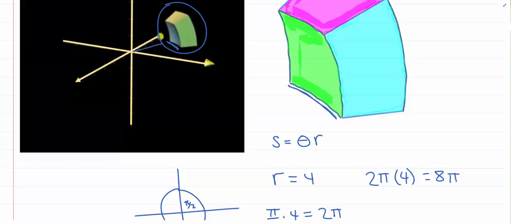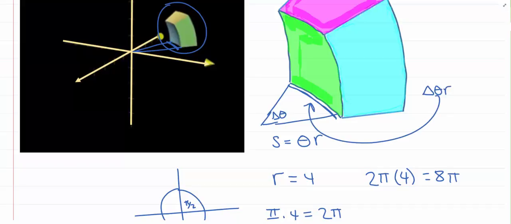So we've got an angle going up here. I could say this angle is delta theta. And what approximately is that arc length there? Well, that arc length is going to be delta theta times r.